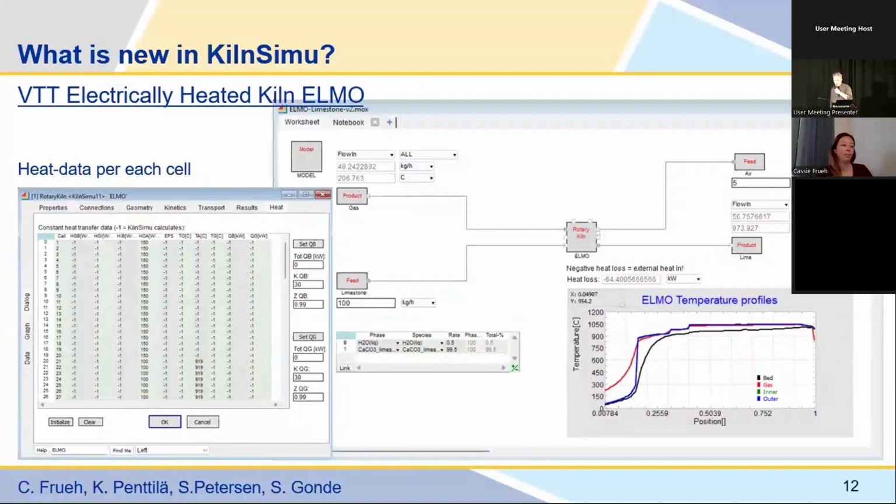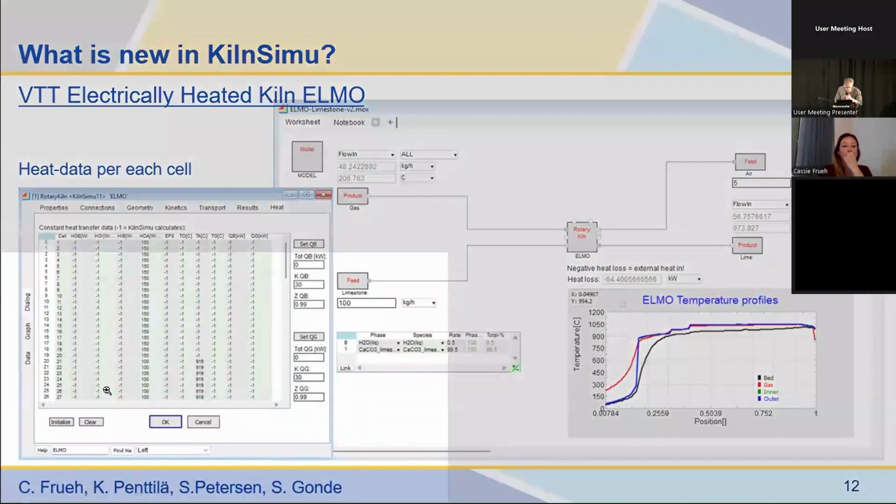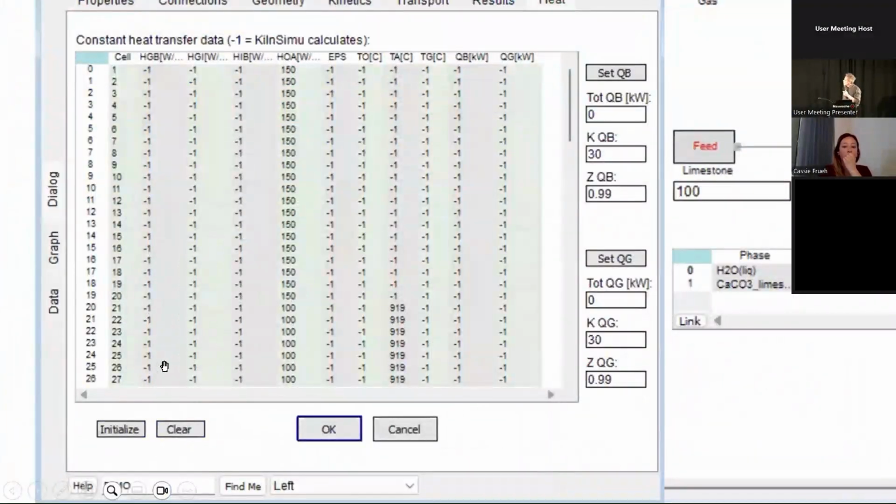So this is a model for the VTT electrically heated kiln Elmo. It's about 10 meters in length and about half a meter in diameter. And this actually shows the heat data table I added. So you can see that it contains different columns.